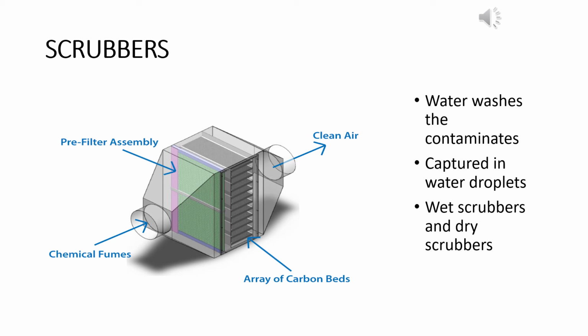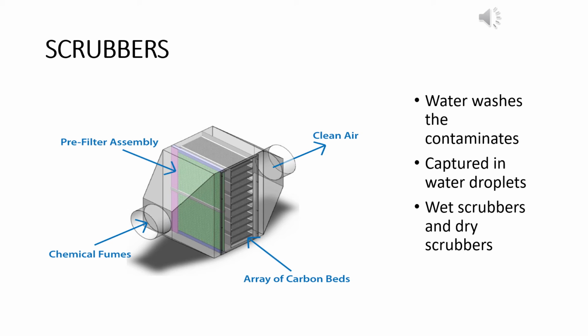Scrubbers are devices that are used in the industrial waste removal process. These are used mainly for removing gaseous and particulate air pollutants from a chemical fume or from polluted or contaminated air, etc. The scrubber can be of two types.